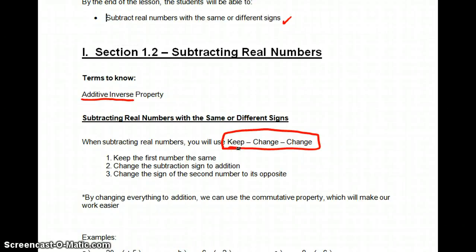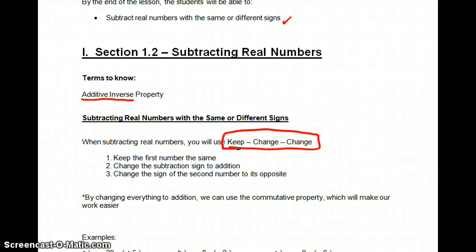Because I don't know about you, but I don't want to have to put a very simple math problem into my calculator that I should be able to do mentally. I want to learn these rules and be able to take care of this math on my own without being dependent upon a calculator, because honestly it will take you longer to plug in those numbers than it will to just follow these 3 steps.